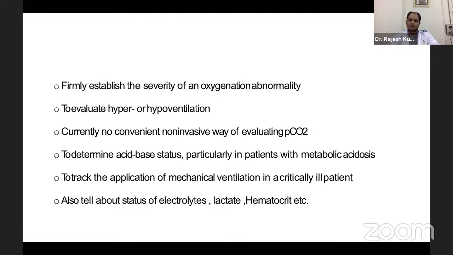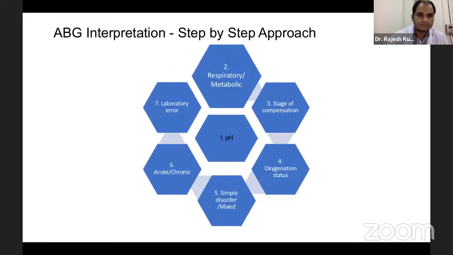You can track whether settings like respiratory rate, PEEP, FiO2, pressure support are adequate for that patient, and which parameters you have to increase, according to your ABG. It also tells about electrolytes, as we already discussed, and lactates.